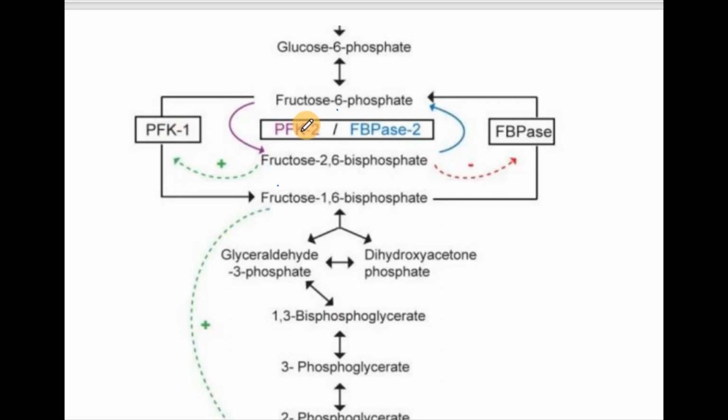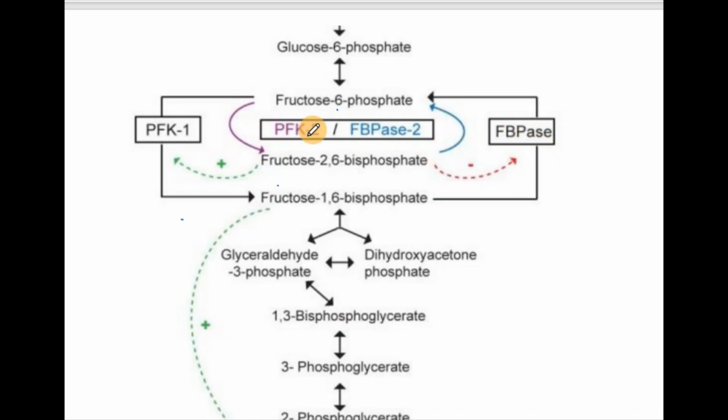If PFK2 is active, it converts fructose 6-phosphate to more fructose 2,6-bisphosphate, which will go and activate PFK1. In the same way, it is a negative allosteric inhibitor of fructose 1,6-bisphosphatase, found in gluconeogenesis. So it will activate PFK1 to speed up glycolysis and inhibit this one to halt gluconeogenesis.